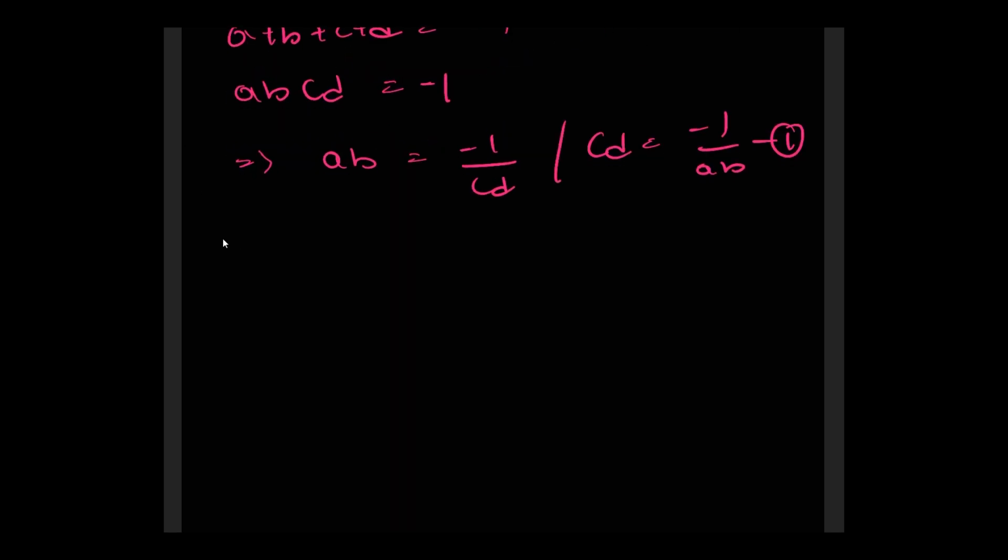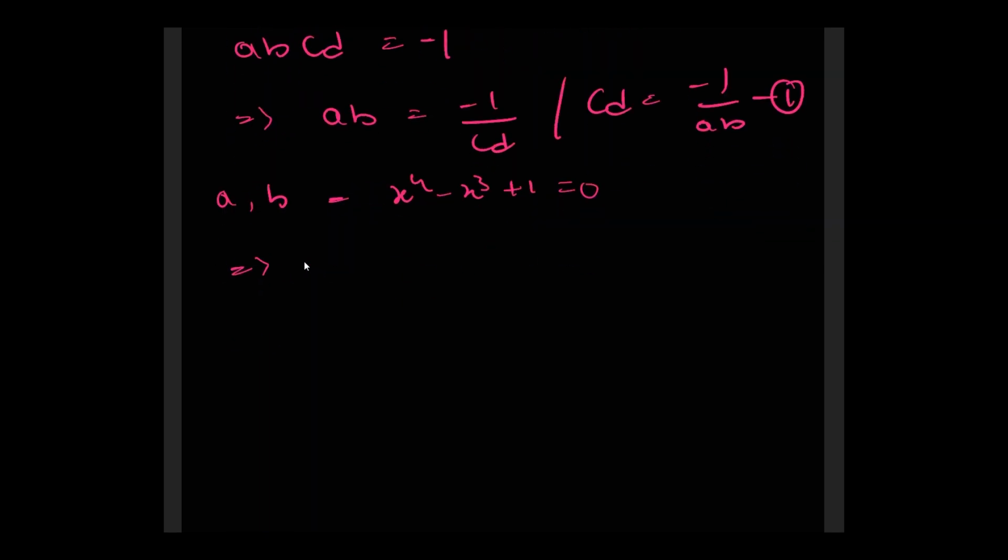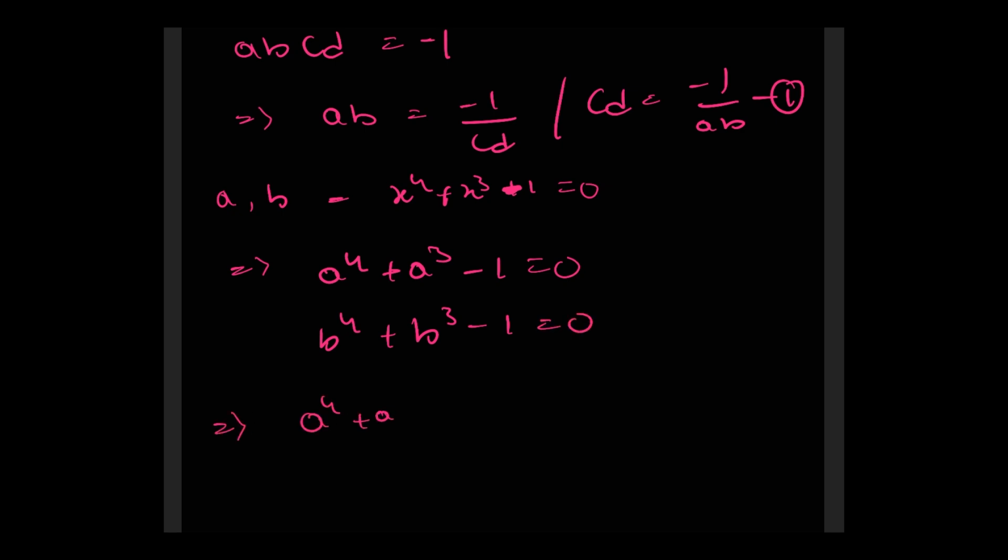Now, substitute the values of a and b in the given equation x power 4 plus x cube minus 1 equals 0. That means we get a power 4 plus a cube minus 1 equals 0 and b power 4 plus b cube minus 1 equals 0. That means a power 4 plus a cube equals 1 and b power 4 plus b cube equals 1.